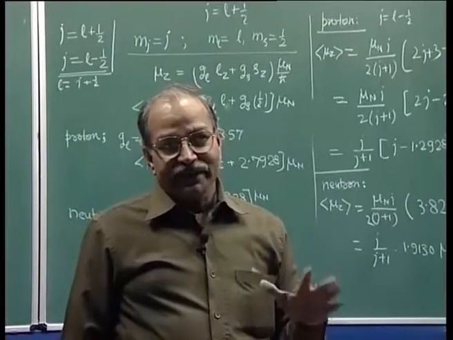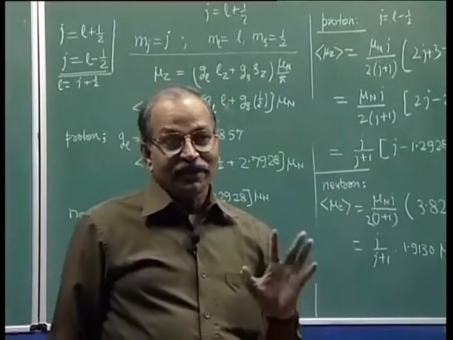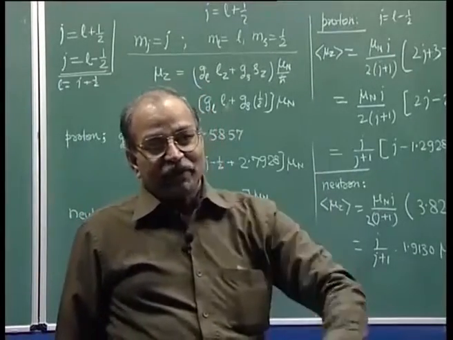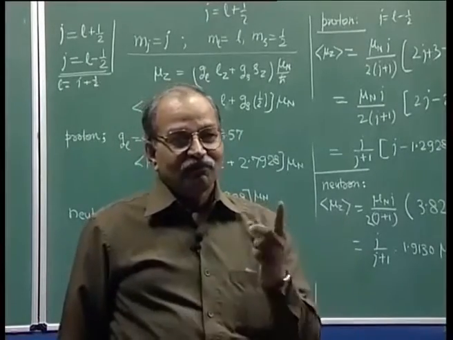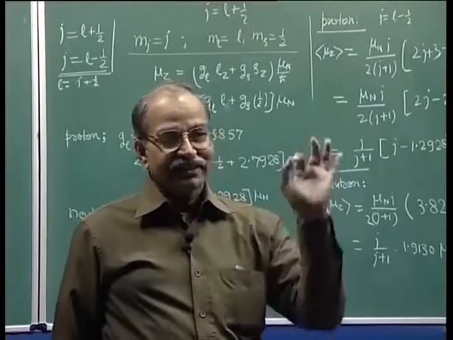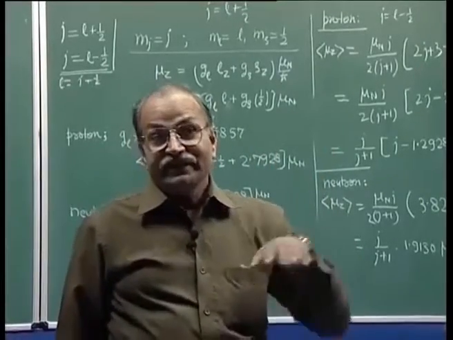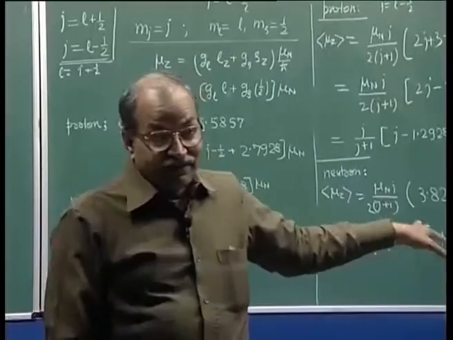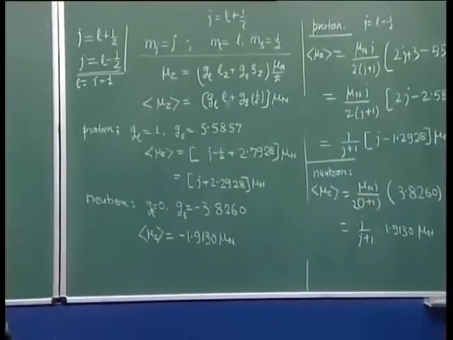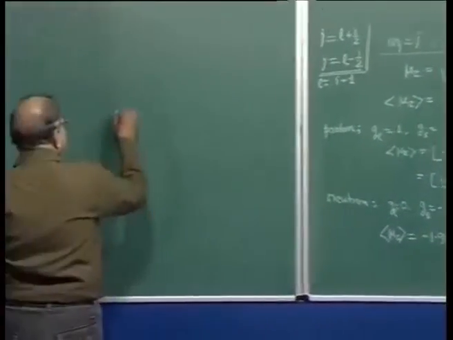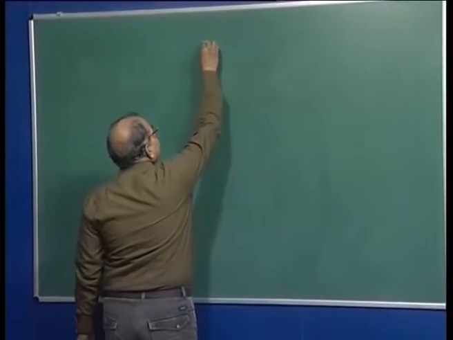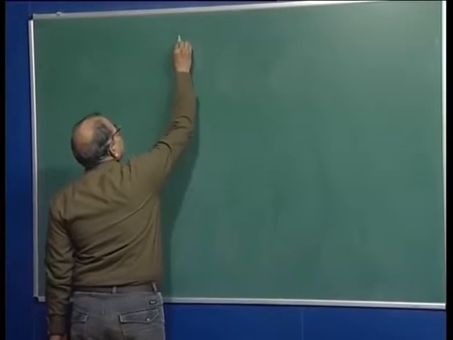So, assuming this is that extreme single particle model, that entire property of the nucleus is determined by one single nucleon, which is the last one. So, assuming that these calculations have been made, if I write it as a plot, mu versus J, let me write it for first neutron.